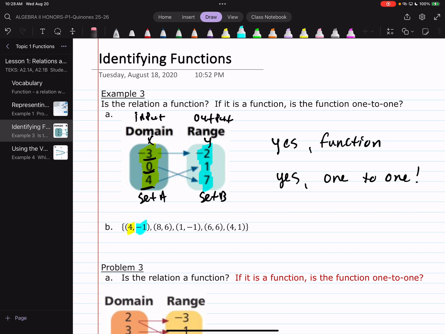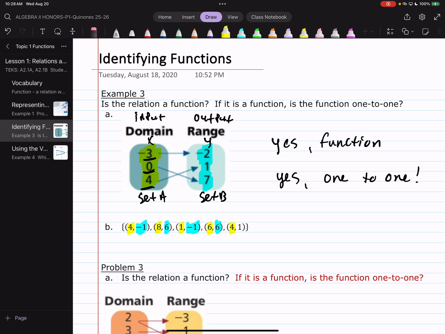Okay, we're good so far. 8 goes to the number 6. Seems like a function to me. 1 goes to -1. My yellows haven't repeated yet, so far a function. 6 goes to 6. Still haven't repeated.